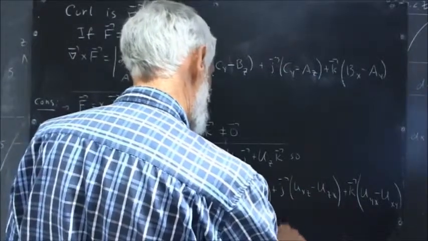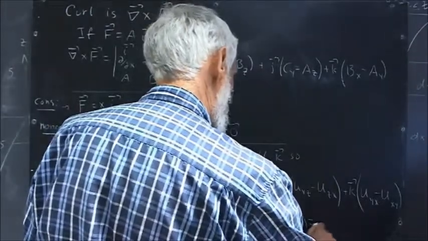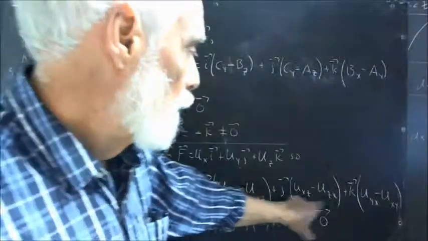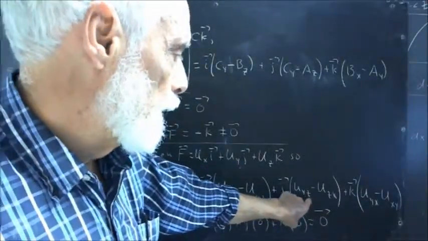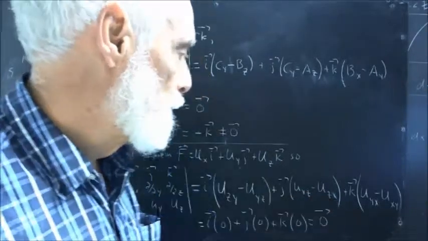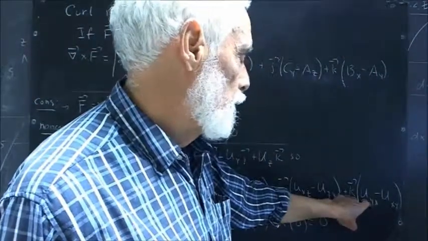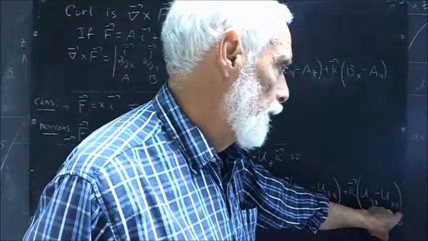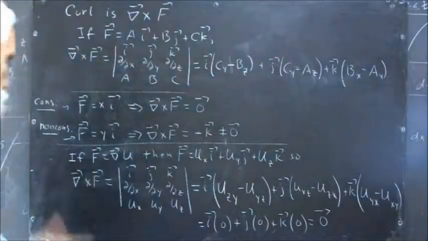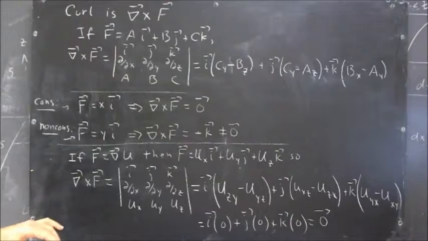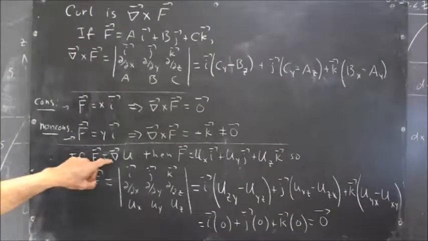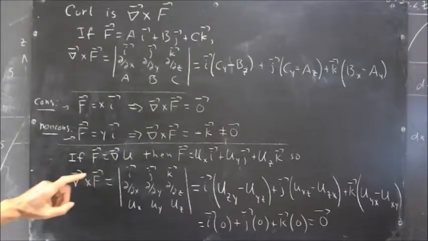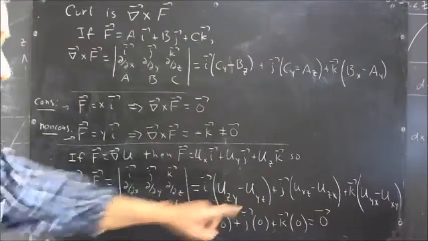And you can verify that the same holds over here. Derivatives with respect to x and z is the same as the derivative with respect to z and x. The derivative of U with respect to y, then that with respect to x, is the same as the derivative of U with respect to x, then that with respect to y. So this proves that if a field is conservative, since a conservative field is a gradient of a potential function, then the curl has to be 0.